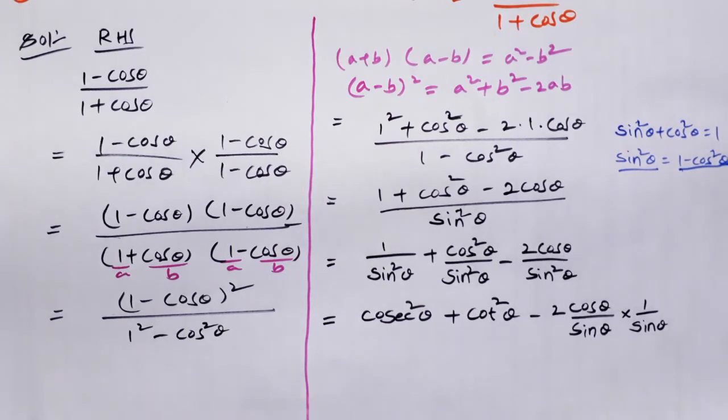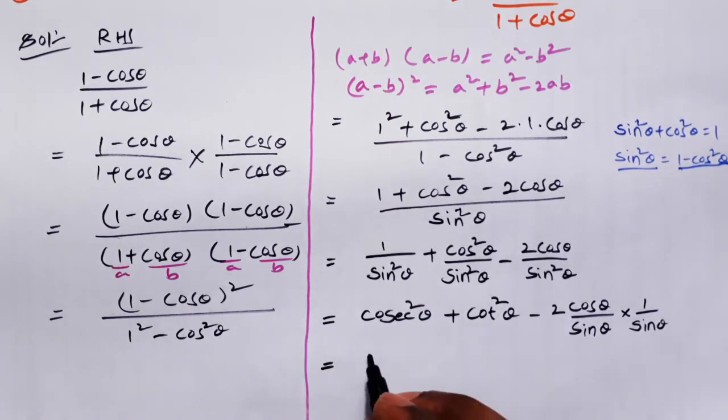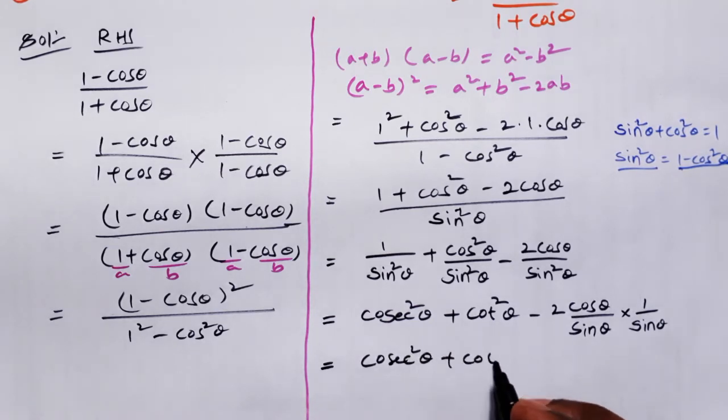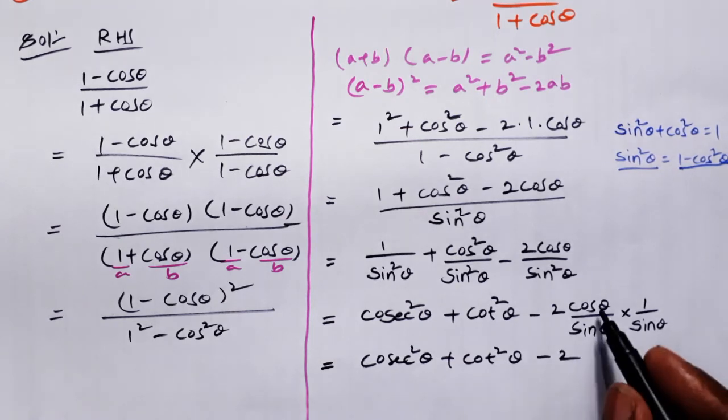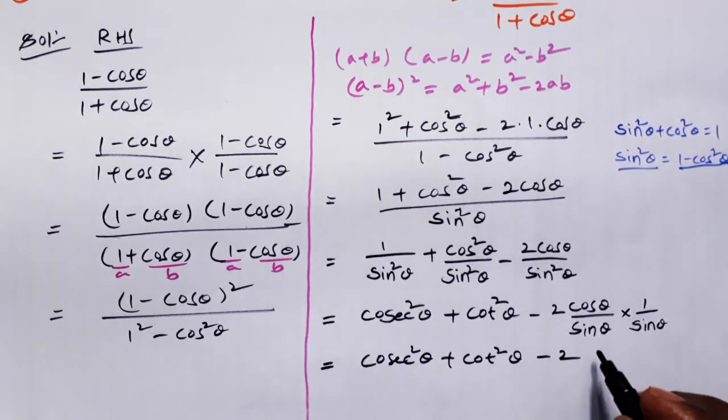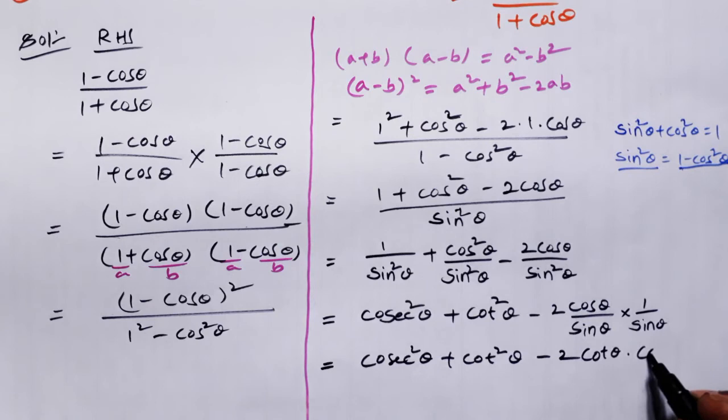Okay, we have same answer. These two as it is, right? Minus 2 into cos theta by sin theta, cot theta, into 1 by sin theta. 1 by sin theta is cosecant theta.